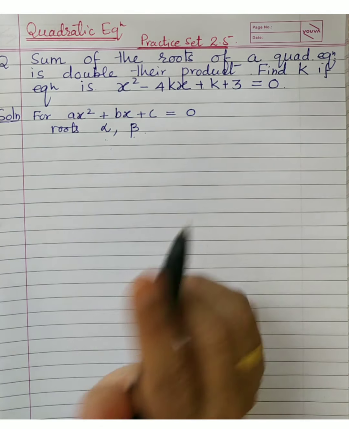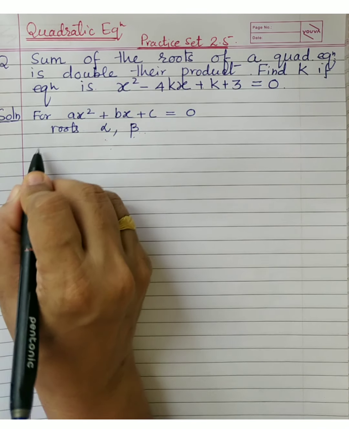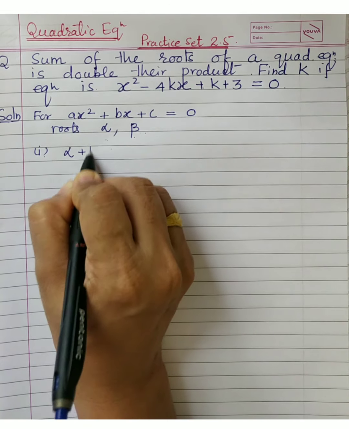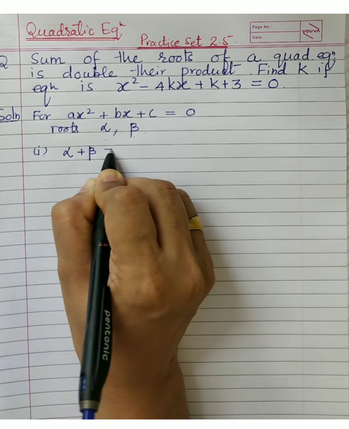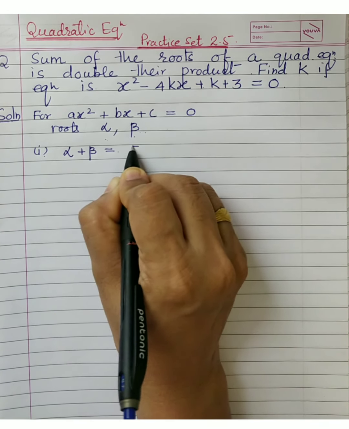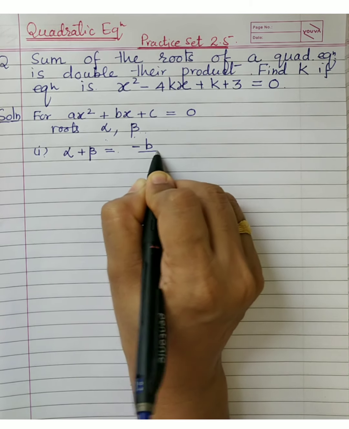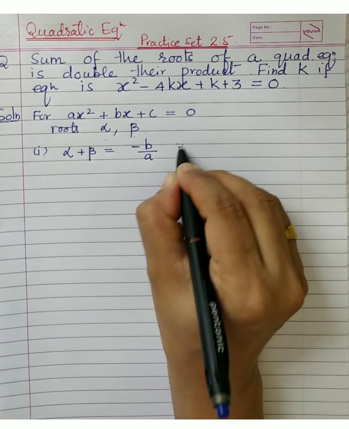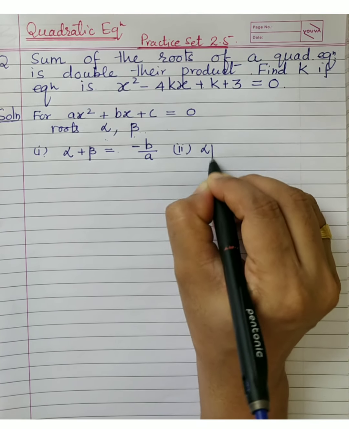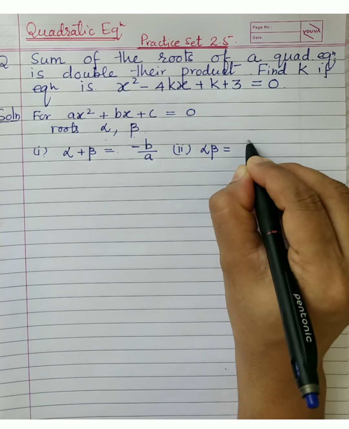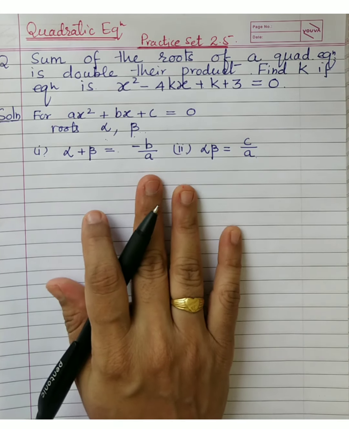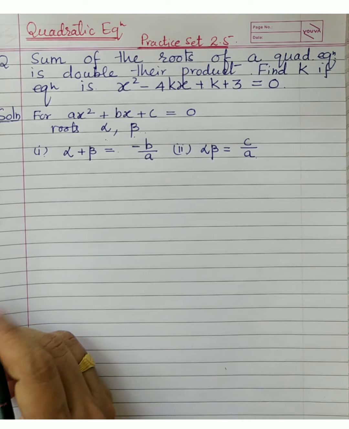If these are the two roots alpha and beta, then we studied in the last class the relation: alpha + beta, the sum of the roots, is -b/a. And the second relation, the product of roots, alpha × beta, is c/a. So this is how the roots are related with the coefficients, right?